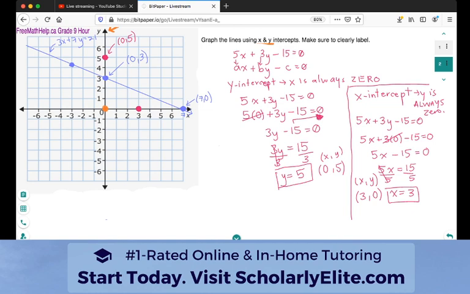Now, this isn't something that the person's teacher asked for, but we are going to use one more point just because I like to be very exact. So this is (3, 0). I am going to plug in one more thing, because all these equations are just ways of solving for points. That's really how I look at them, because when we try to make them more complex than they actually are, it can become very confusing.